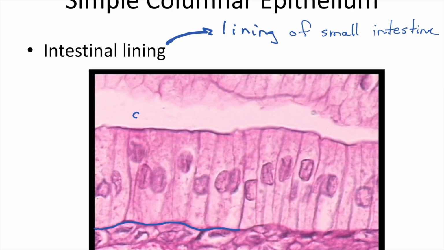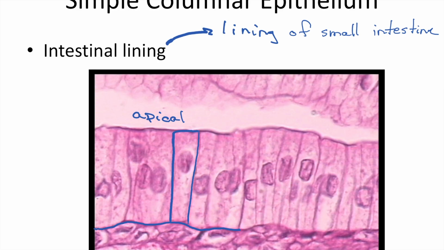So this is our apical surface. Our cells are taller than they are wide. And there's only one layer.